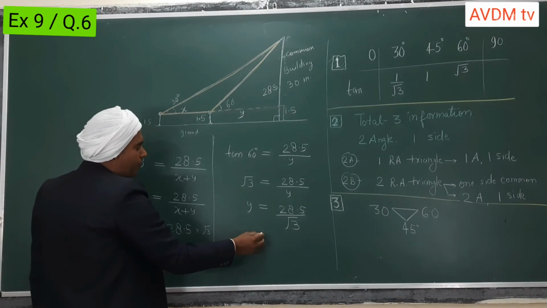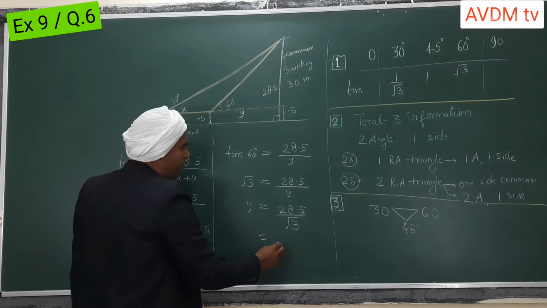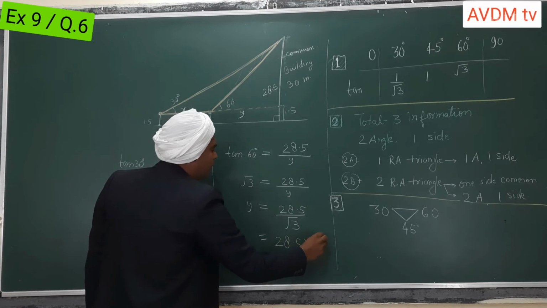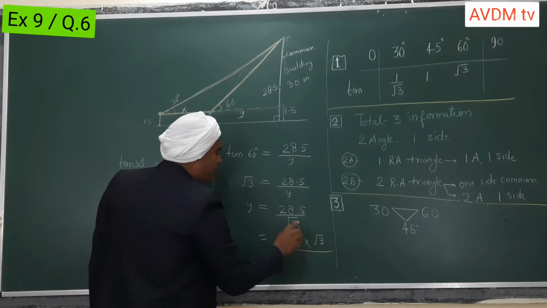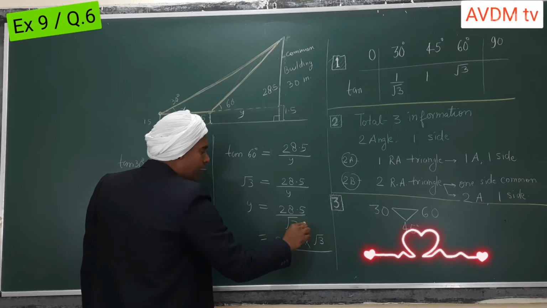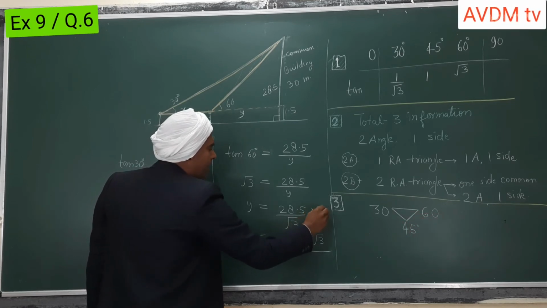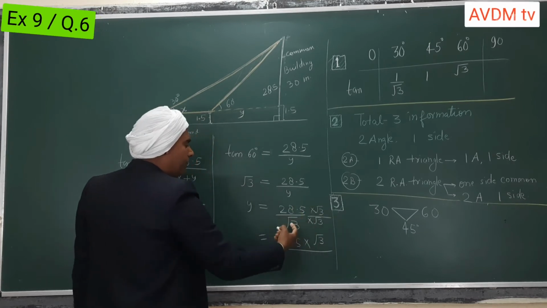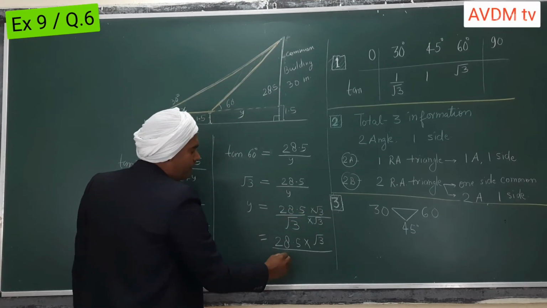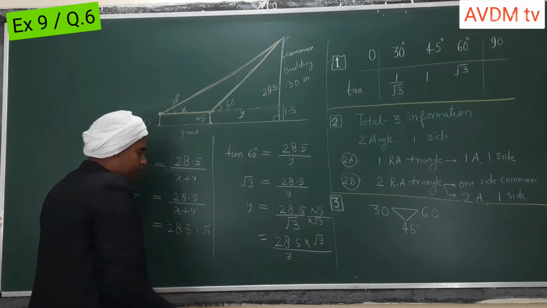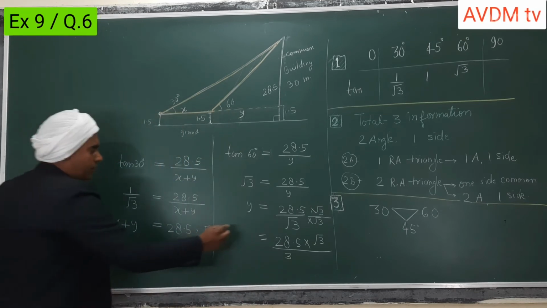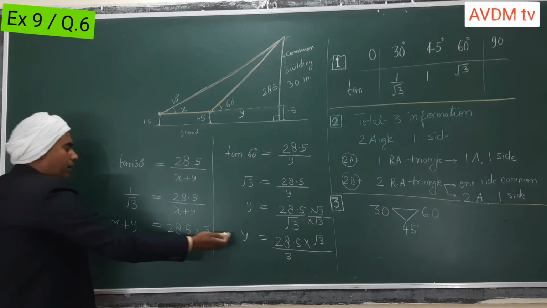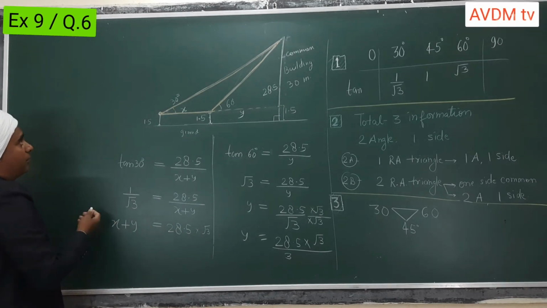For solving, if you rationalize it, it will be easy for you. 28.5 into root 3 upon root 3 into root 3, and root 3 into root 3 is 3. So this is the y. So place this y value here and solve.